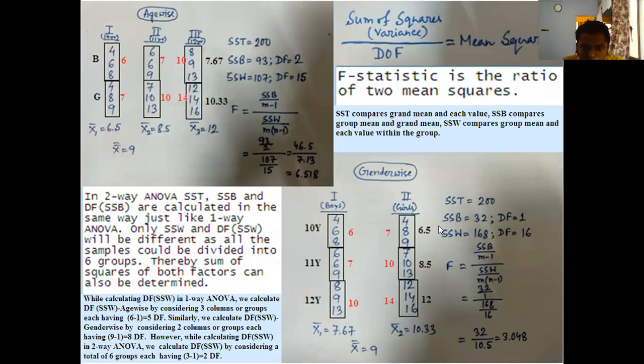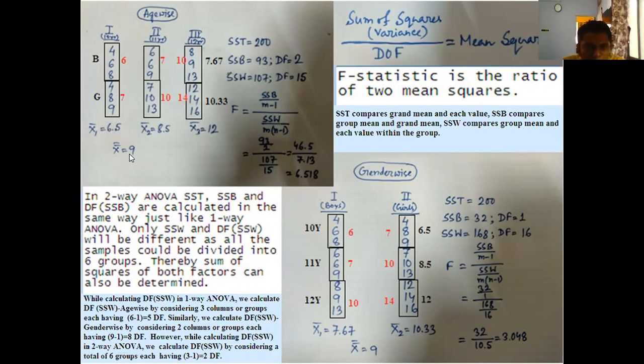Why? Because in case of sum of square between, you are actually subtracting the mean value from the grand mean, because you are comparing between groups.